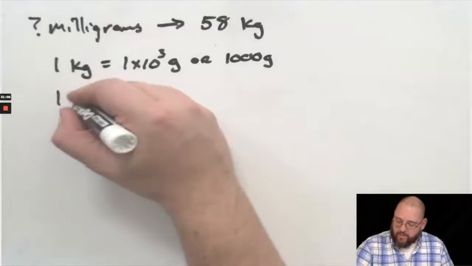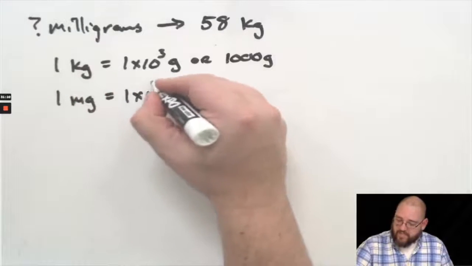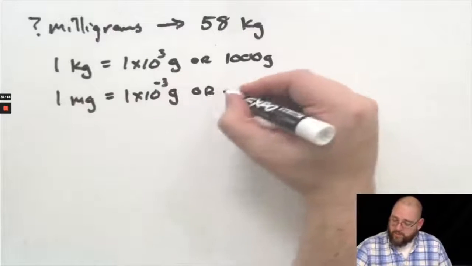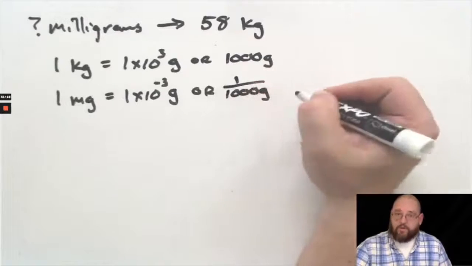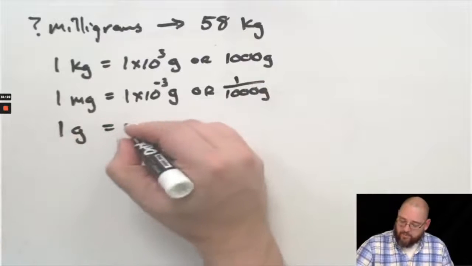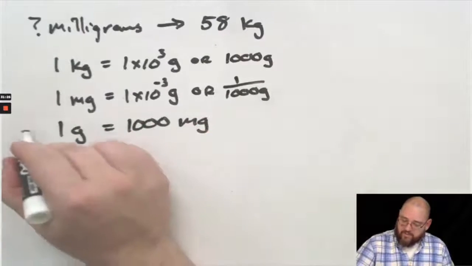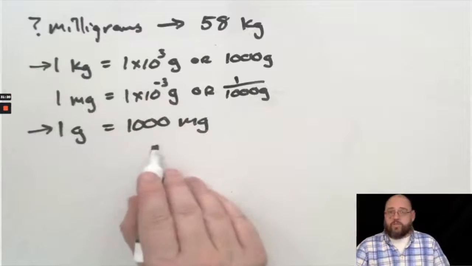And we know that 1 milligram is 1 times 10 to the negative 3 grams, or a milligram is 1/1000th of a gram. Another way of saying that is 1 gram is equal to 1,000 milligrams. This is the conversion factor that I would be more willing to use.